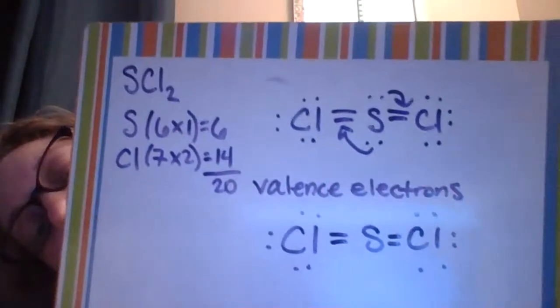So that gives us Cl double bond S double bond Cl. 20 valence electrons, with structure.